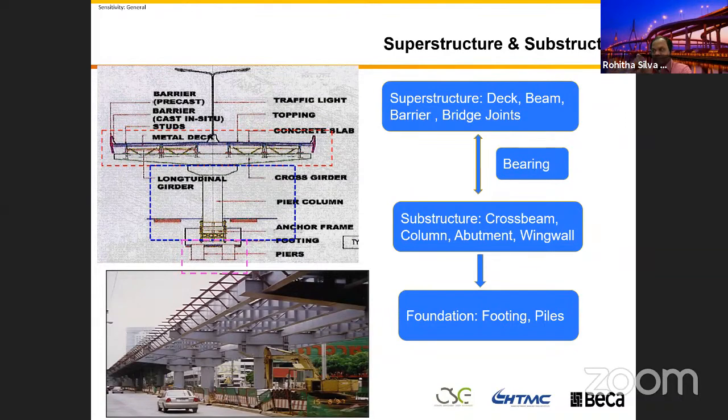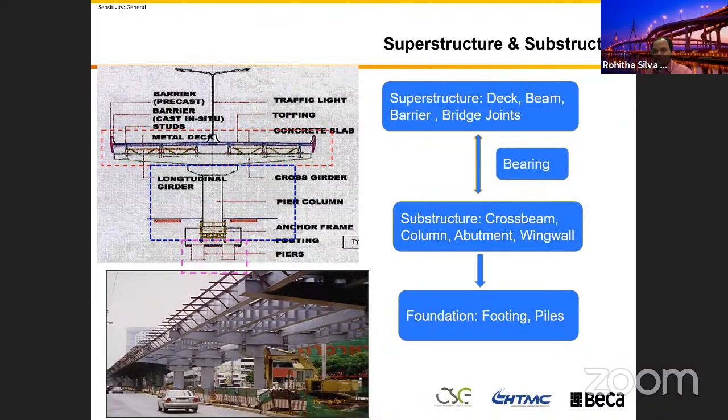Because of that, you need to pay really big attention to the way you design and construct your bridge bearing, because it links this massive superstructure and substructure together. You will see that through the presentation. Please keep that in mind at the beginning of our presentation.